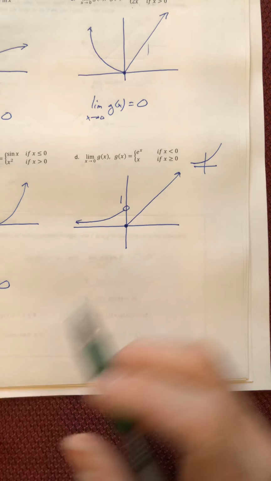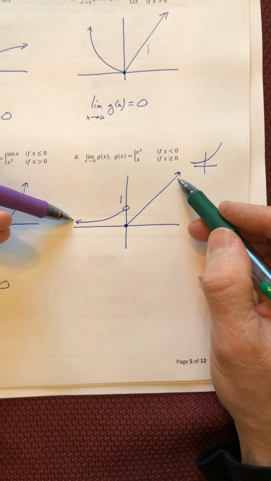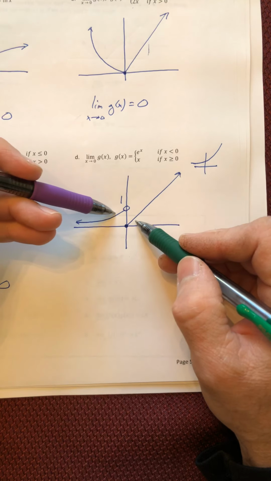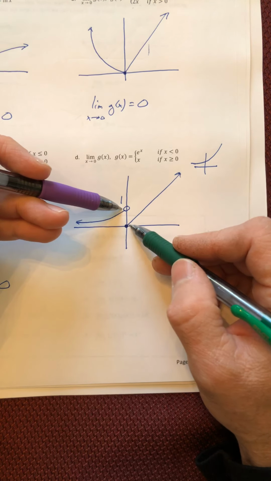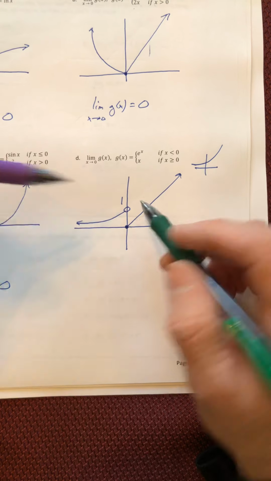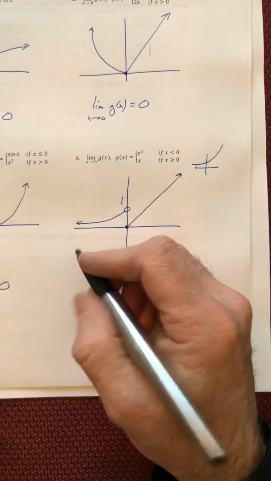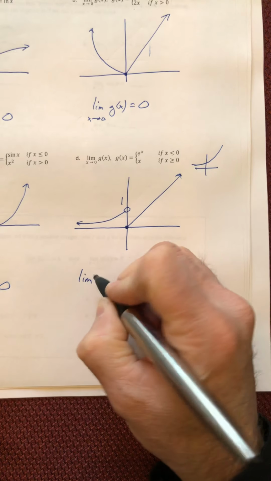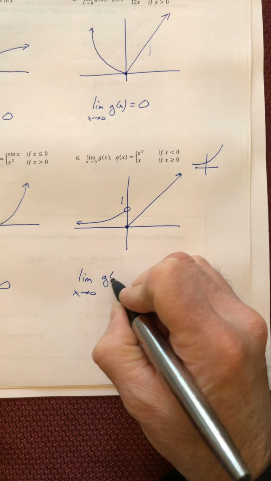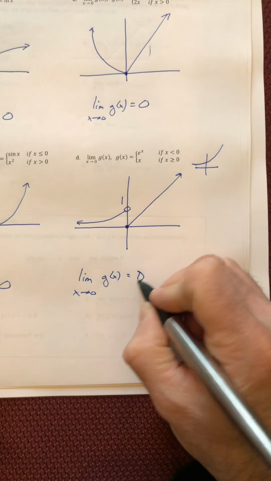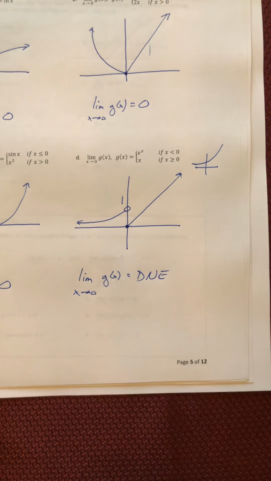So anyway, as you approach x equals 0 and you trace, it doesn't look like they're going to connect together. The left side is approaching 1, the right side is approaching 0. So if they approach different values, the limit does not exist.